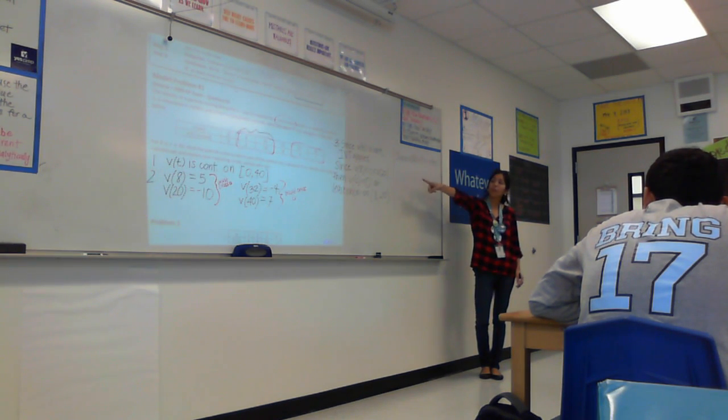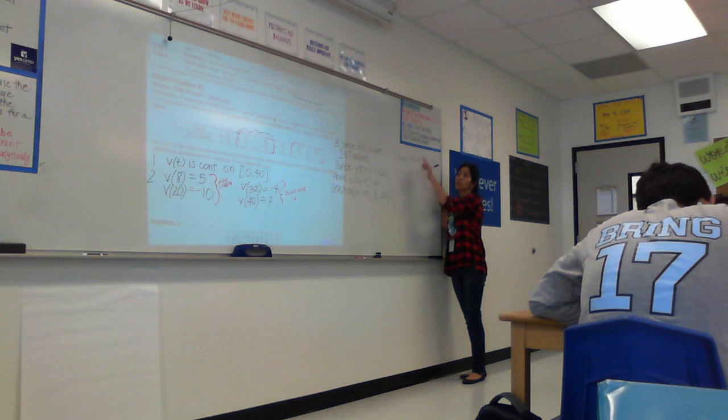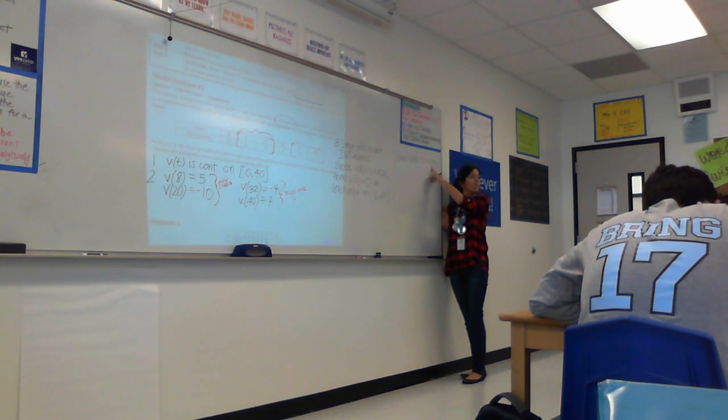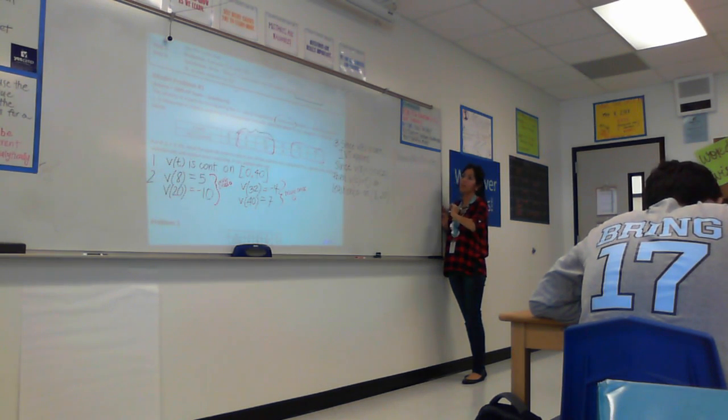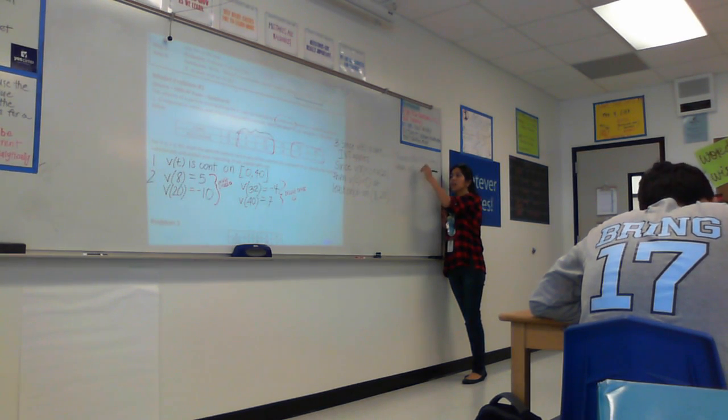The one we wrote back there was untrue. And nobody said anything. Let me finish this one and I'll go back and fix it. This is true because v of 32 is the negative number, right? And v of 40 is the positive number. So this order makes sense, that one doesn't. I'll go fix it. Since that inequality holds, v of c will equal 0 at least once on 32 to 40.